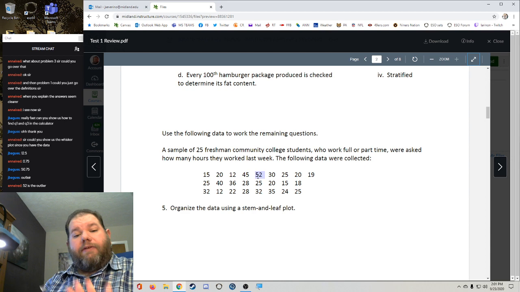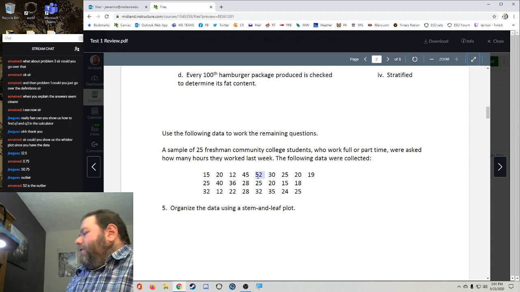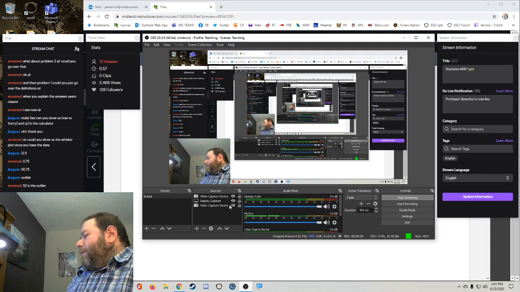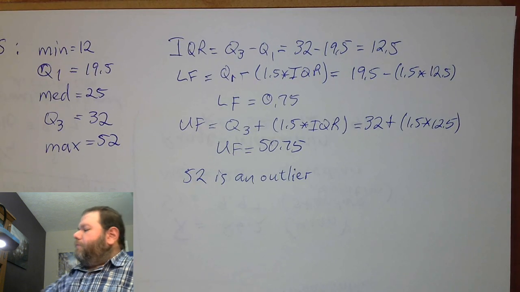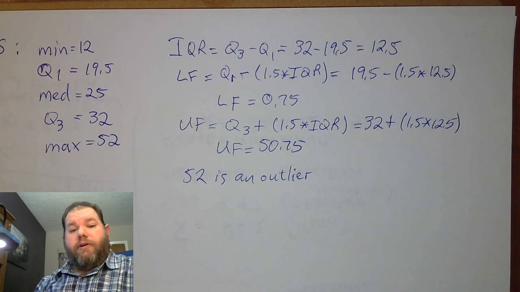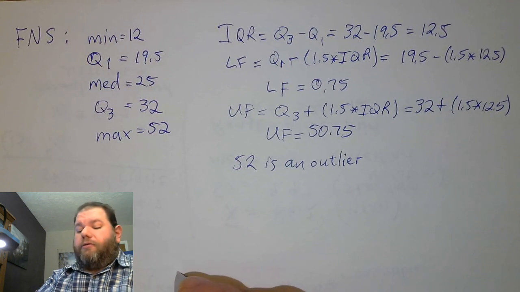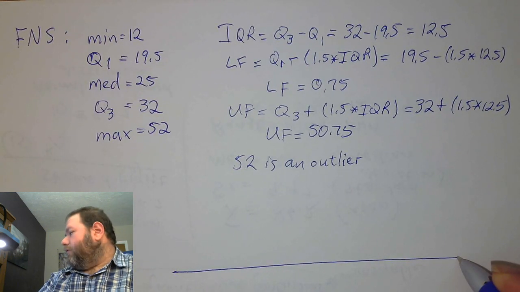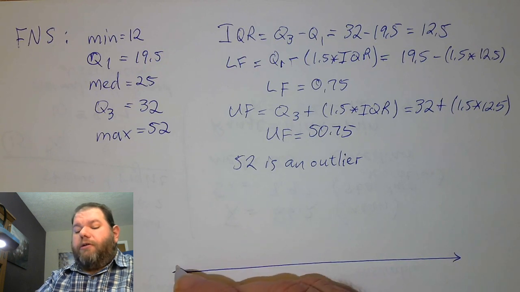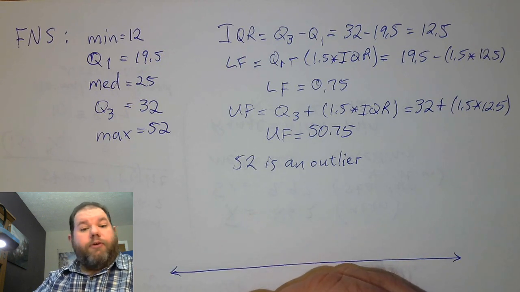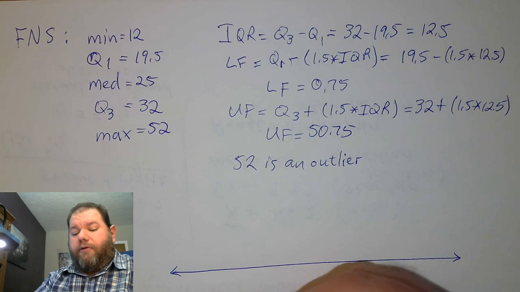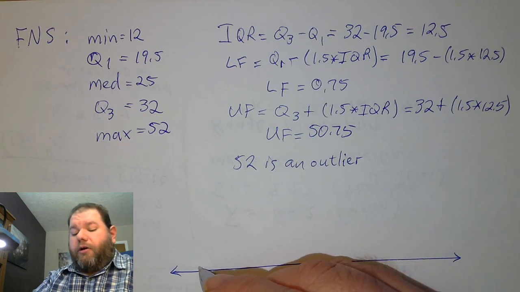So that's the data that we needed, and let me switch back to the paper. There we go. That's the data that we need to create our box and whisker plot right there. So what you'll want to do is we'll make a number line, and if you want to use a ruler, then definitely go ahead and do that. But we want to mark off some units here.